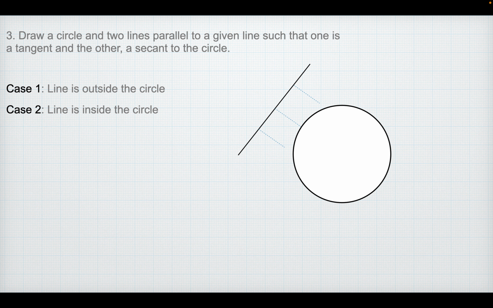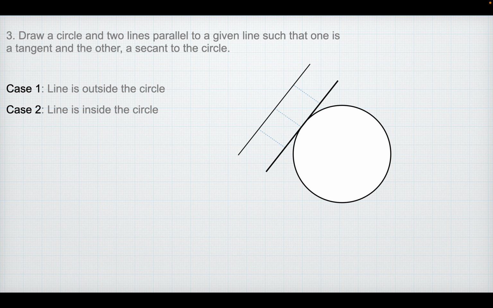So if I draw these two lines from the black line, and I connect the endpoints of these lines, then the line that I get would be parallel to this line outside the circle. That's how I do it. Here's the line.